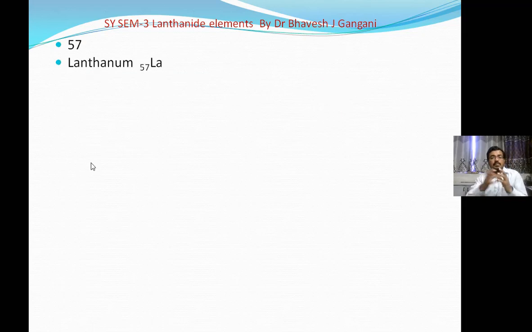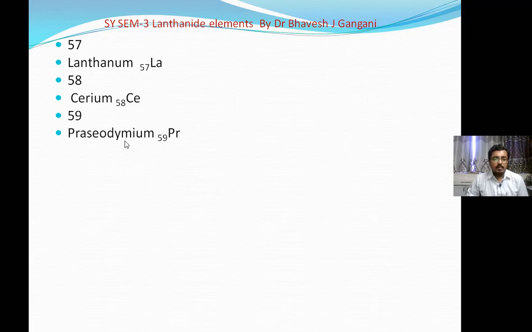Now let's start the identification of name, symbol, and atomic number of lanthanide elements. First is lanthanum, symbol La. Second is cerium, 58, symbol Ce. Then 59, praseodymium, Pr. So in a set of three you have to learn lanthanum, cerium, praseodymium: La, Ce and Pr.